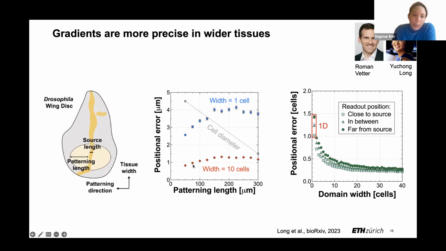But if we have 10 cells in a row, then it is maintained at less than 1 cell diameter. You can see here, if you make it broader than 10 cells, it doesn't really improve much anymore. So 10 cells is a perfect patterning width.